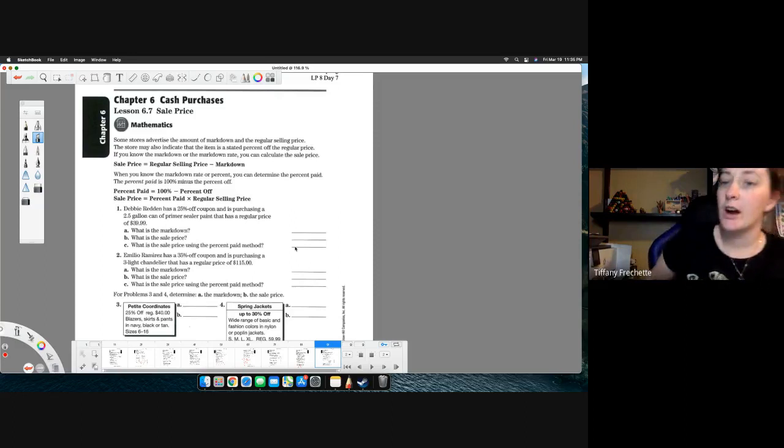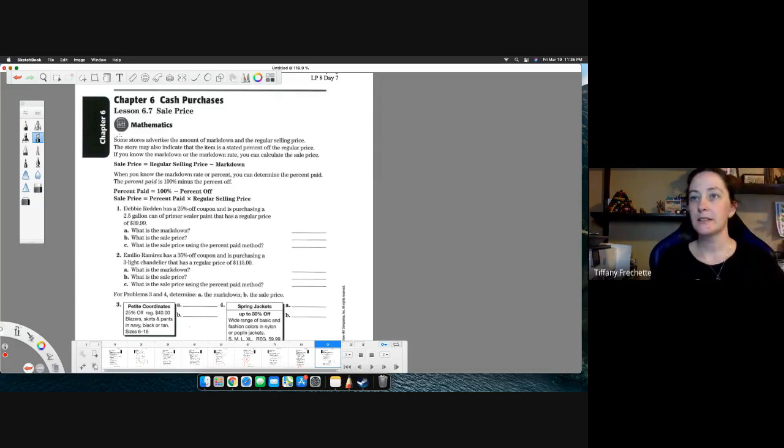Okay, all right, so let's go ahead and read the summary here. Some stores advertise the amount of markdown and the regular selling price. The store may also indicate that the item is a stated percent off the regular price. That's probably more common. If you know the markdown or the markdown rate, you can calculate the sale price.